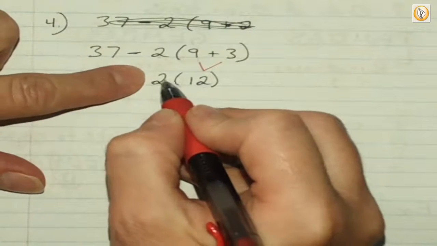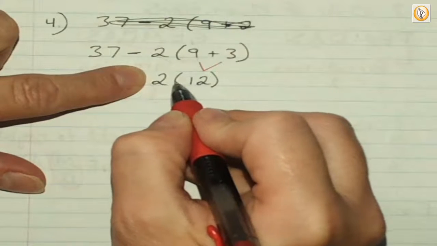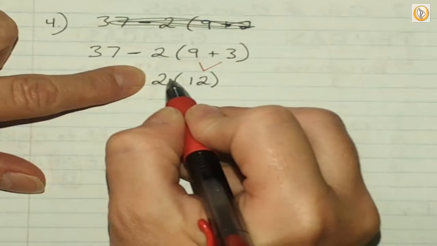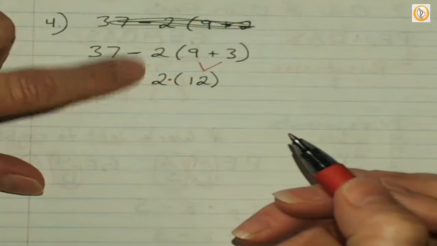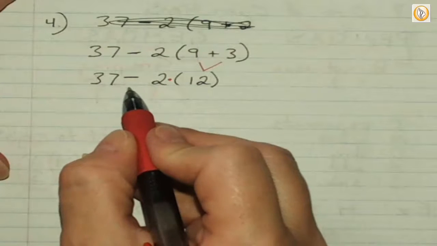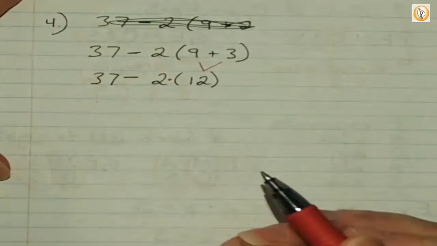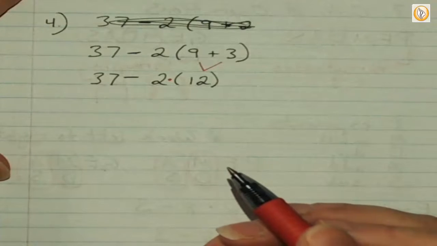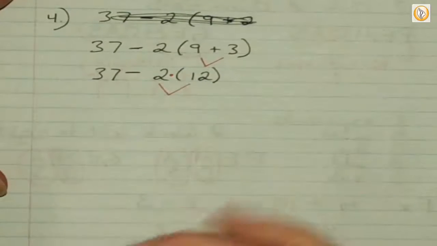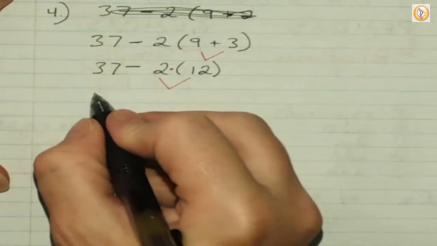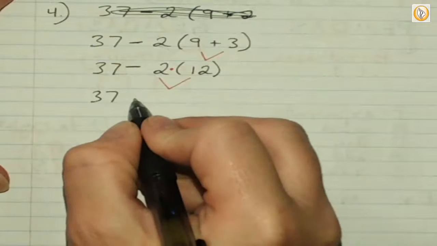So when there's nothing there, we're multiplying. Okay? So am I going to subtract or multiply first? You will multiply. So 2 times 12. What do you get? Off the top of my head, 24.